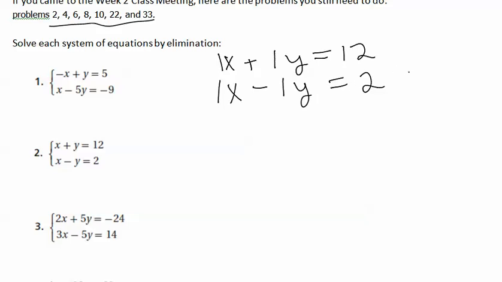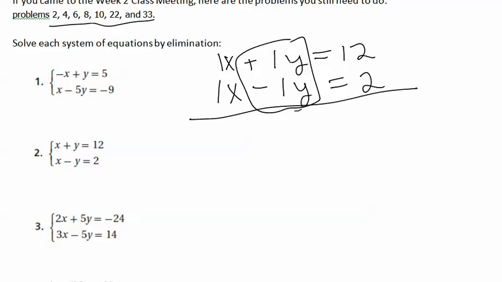When you do elimination, you're going to add the equations together, and you don't want to add them until you have one of the variables with a plus a number y and the other one with minus the same number y. Or you could do 1x and minus 1x, or 6x and minus 6x. But right here, this is set up for elimination.